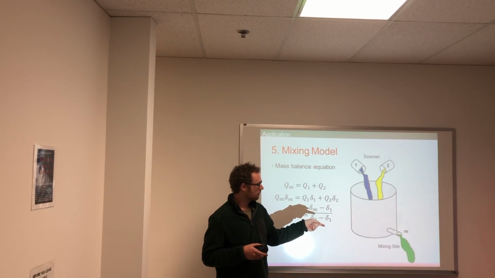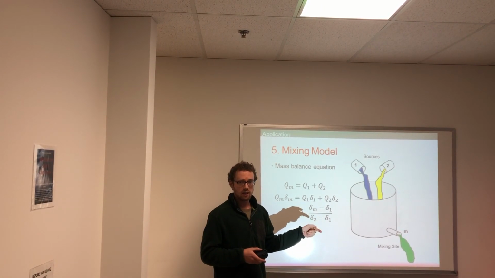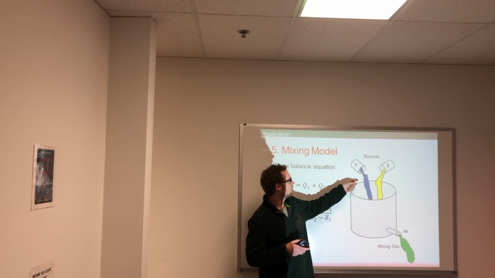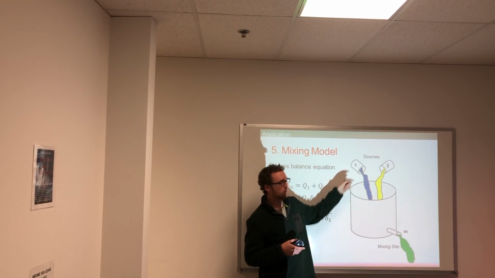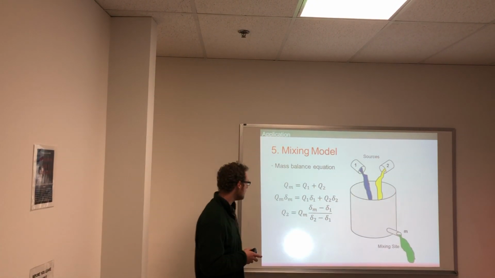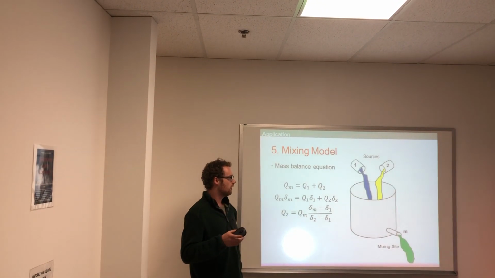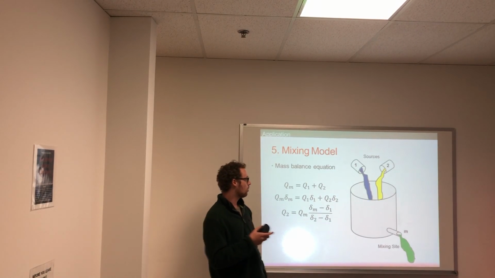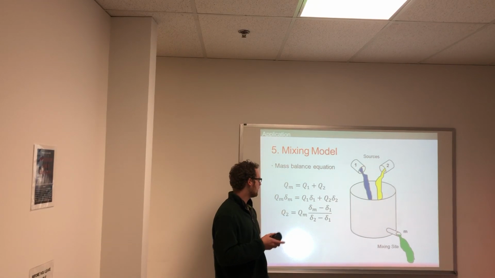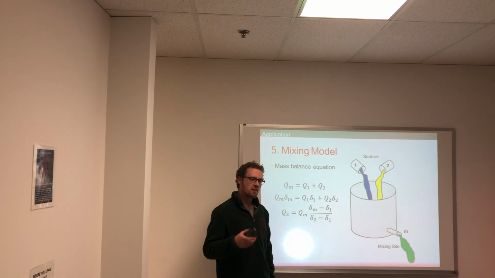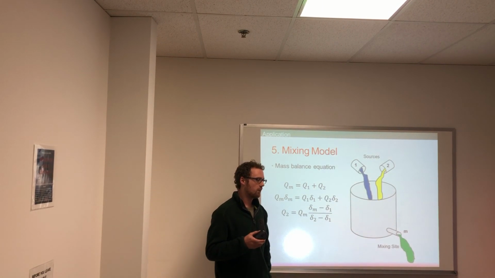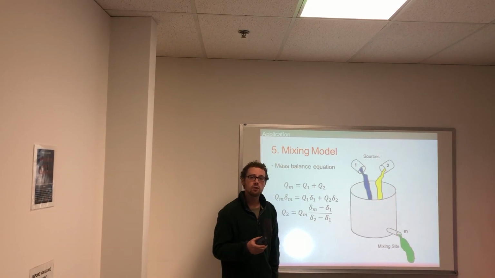But the quantity of green, as well as the shade of green, is related to the quantity of blue and the shade of blue, as well as the quantity of yellow and the shade of yellow. So once you know these certain characteristics, that is the quantity and the characteristic of your end member as well as your sources, through some relatively simple math, you can determine the relative fraction of sediment coming from each individual source.